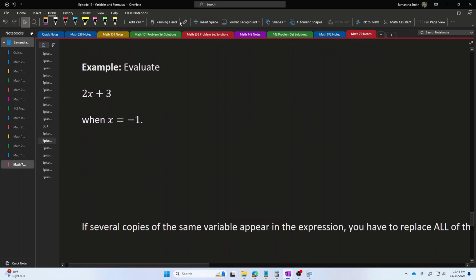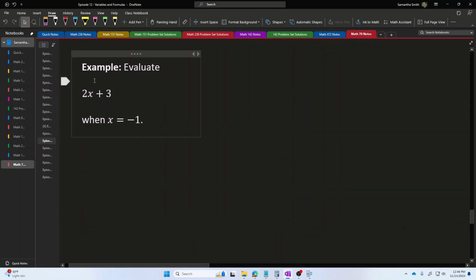Someone says, I wrote the expression 2 times x plus 3 to represent the action of multiplying the unknown number x by 2 and then adding 3 to the result. Now I know that the specific value of x is minus 1. So let's perform these calculations.